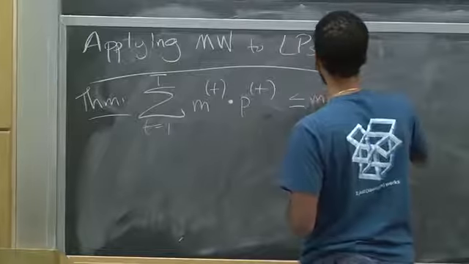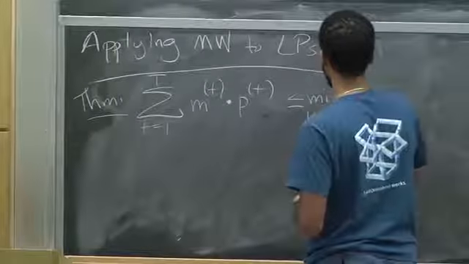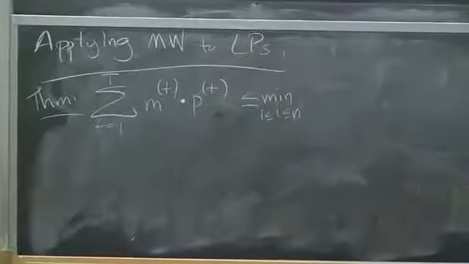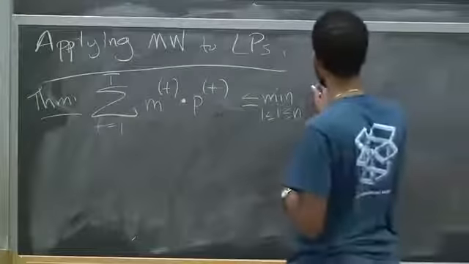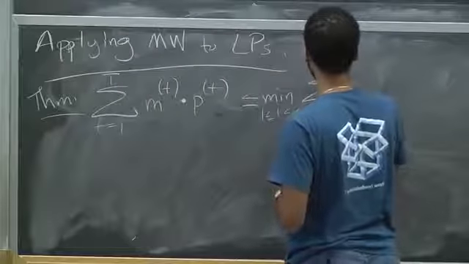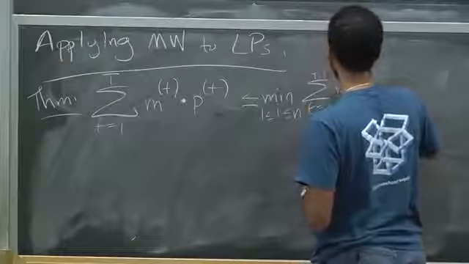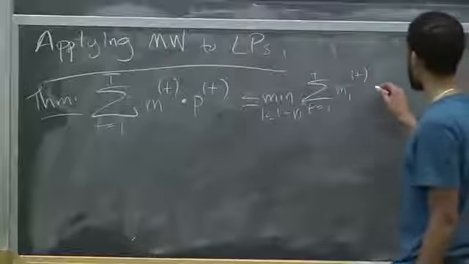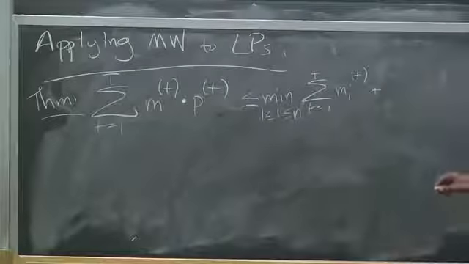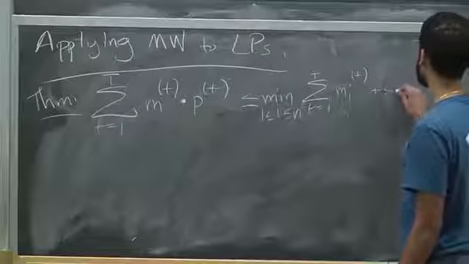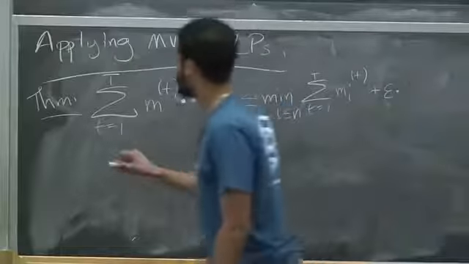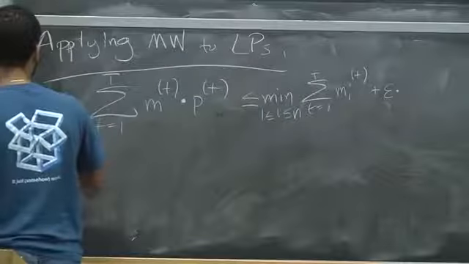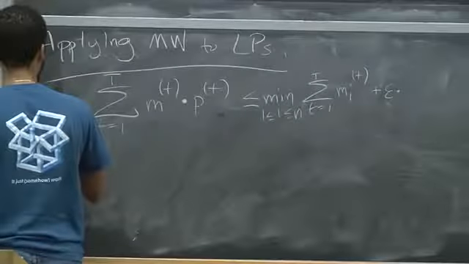the min over i from 1 to n, so there are n experts, of the sum over t of the cost of that expert on day t, plus epsilon times the sum of the absolute values of mt, plus ln n over epsilon. This is for any epsilon between 0 and a half.